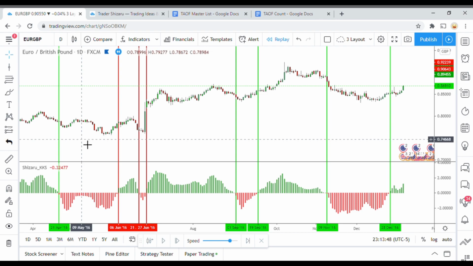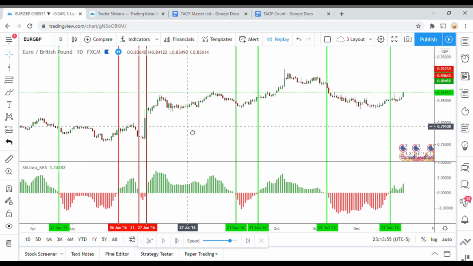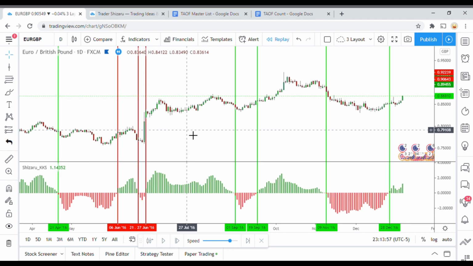But on the other hand, you lose quite a bit of profit from each trade you take. And that is where it does get to be a little more problematic.